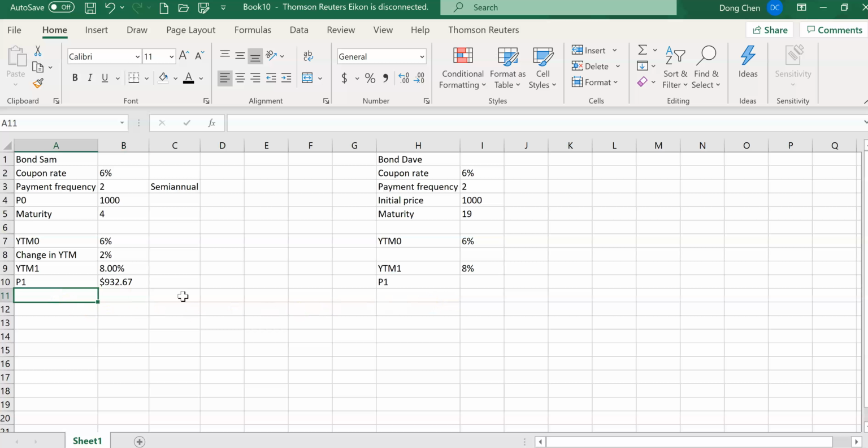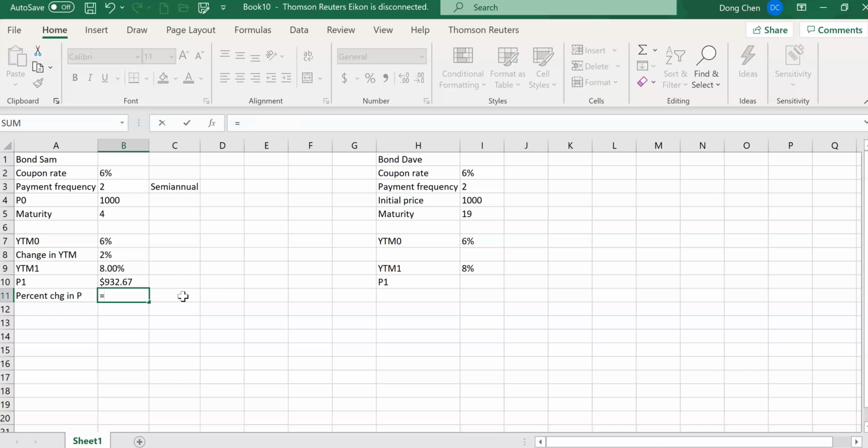So now the percentage change in price. This is basically my new price divided by the initial price, 1,000, and then minus 1.